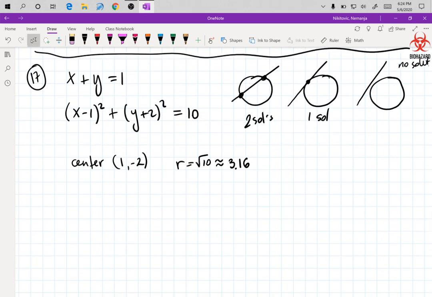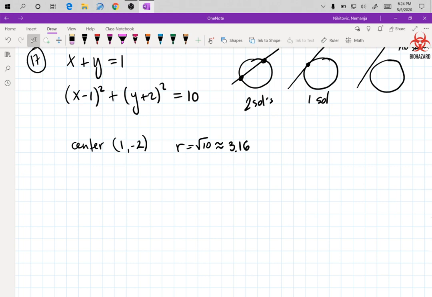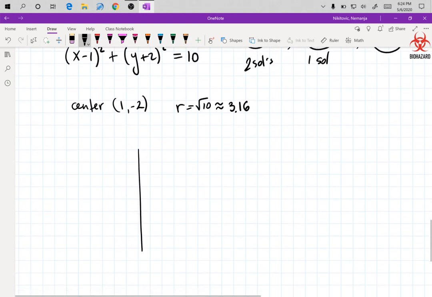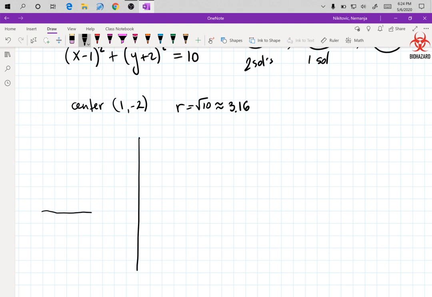So if you want to graph this and see, there we go, much better. And then the 0, 0 is in the middle. So what do I have?